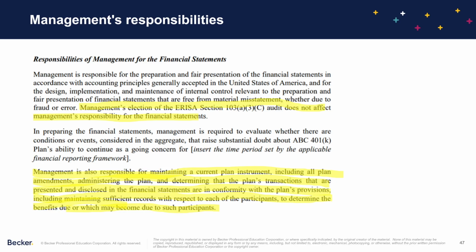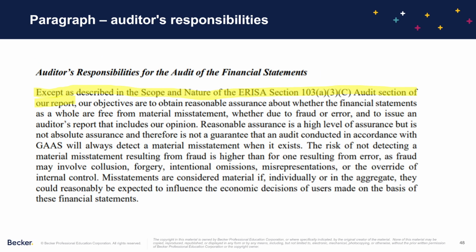When we get to our auditor's responsibility section, as we see here, the first section is pretty similar. It does go over our objectives, covers those definitions of reasonable assurance and material misstatement, still explains why fraud is harder to find than error. The only thing that we put in here is a little caveat at the top that says "except as described in the scope and nature section of ERISA Section 103(a)(3)(C) audit."